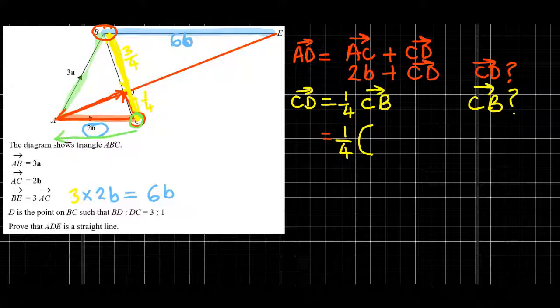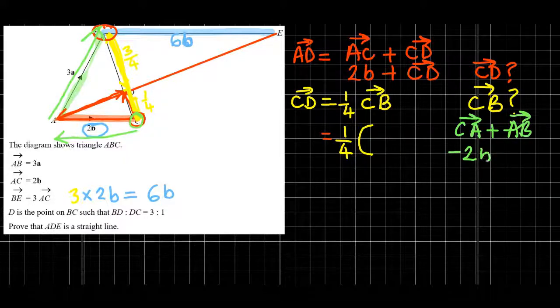So we're going from C to A plus A to B. Now C to A is minus 2b, and A to B is 3a. So we're going to go minus 2b plus 3a.